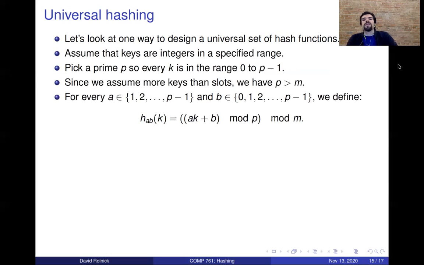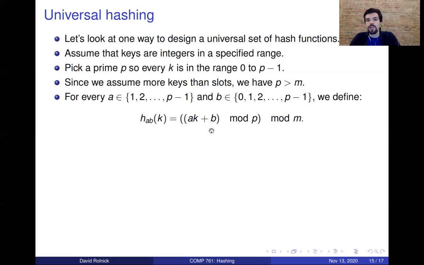Now, the way we're going to define our set of hash functions is, for every a between 1 and p minus 1, so all the residues modulo p except for 0, and b, any residue modulo p, from 0 to p minus 1, we define the hash function h_ab of k equal to ak plus b modulo p, and then we take the residue modulo m.